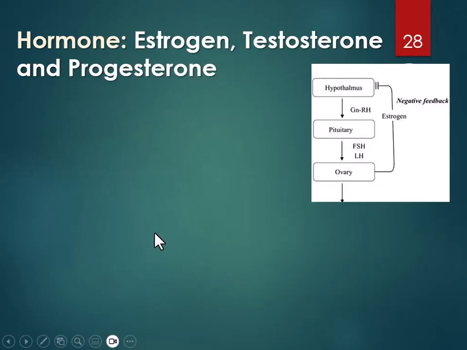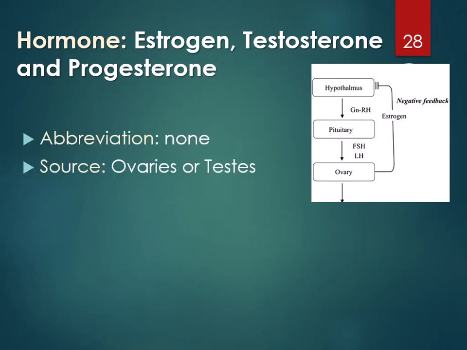All right, the next hormones, I'm kind of grouping them together. Estrogen, testosterone, and progesterone are released from the ovaries or testes, but only at puberty. At puberty, a hormone called GnRH is released from the hypothalamus, and it tells the pituitary gland to release FSH and LH.